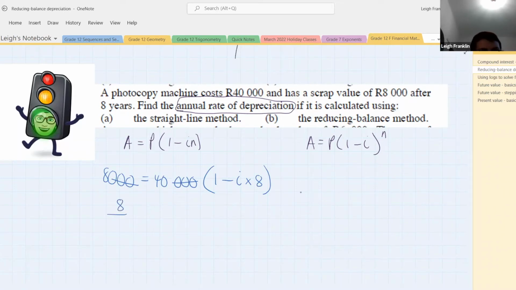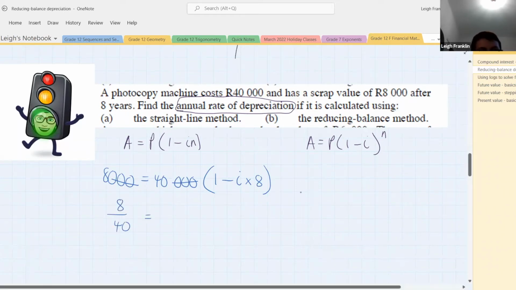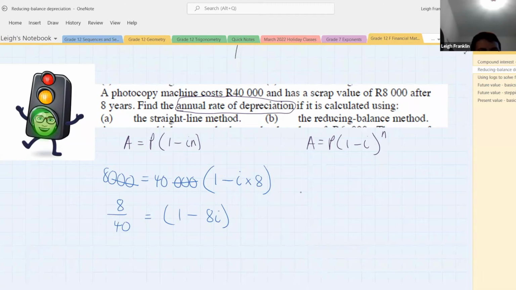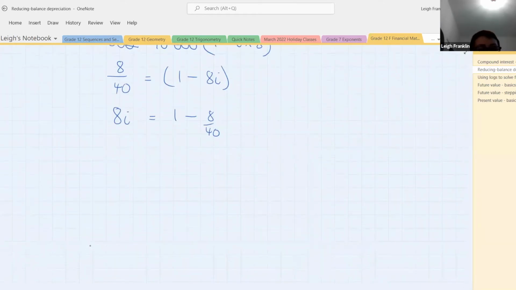Then this becomes 8 over 40 is equal to 1 minus 8i. Then I'm going to bring my 8i over to this side. I'm going to say 1 minus 8 over 40 over here. Then you would subtract 8 over 40 from 1. That would leave you with 4 over 5.